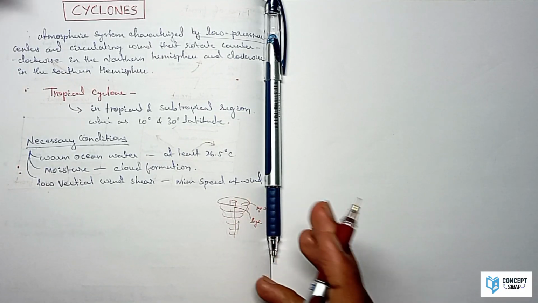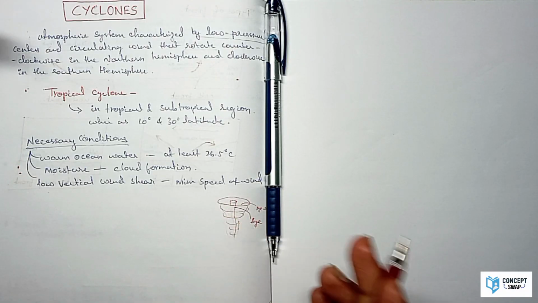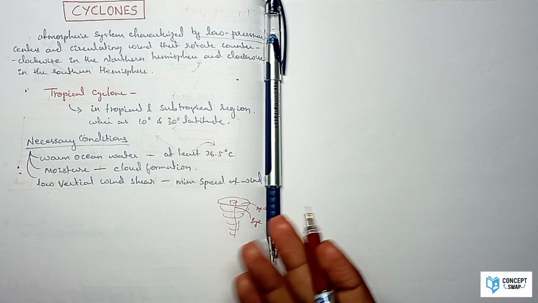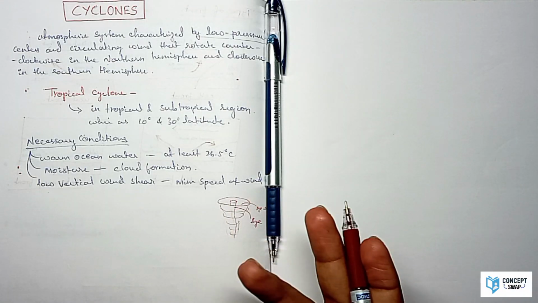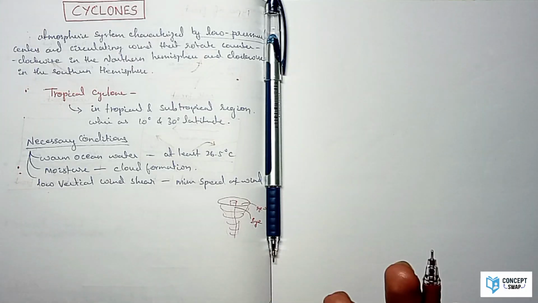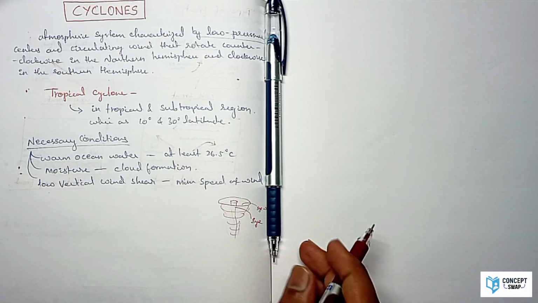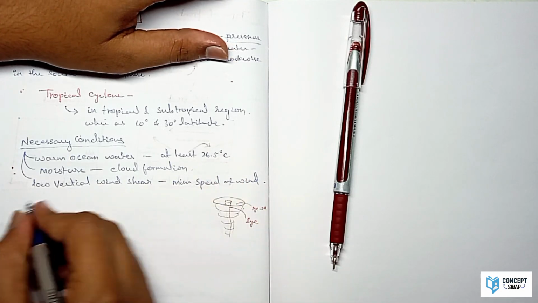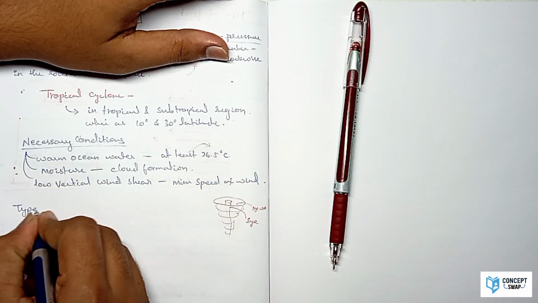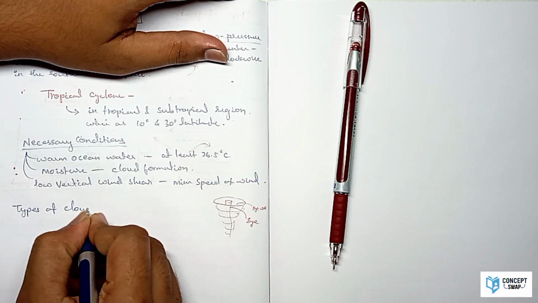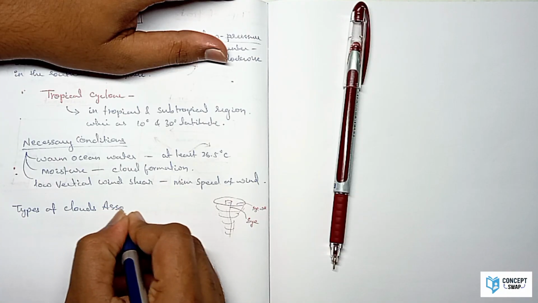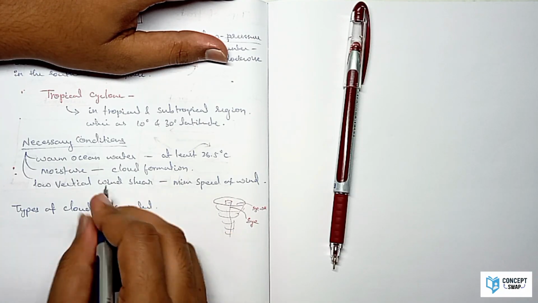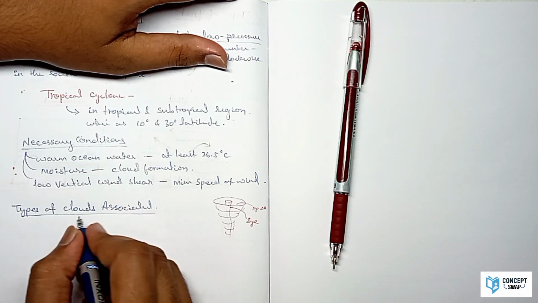The cyclone is a type of cloud formation that forms by the uplifting of moisture content and forms clouds which bring heavy rainfall. Then types of clouds associated. What are the clouds associated with the cyclone?